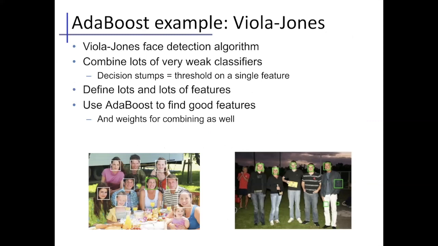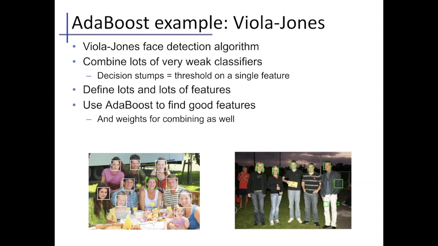This method has been used very successfully before. Before the deep learning field emerged, most of the successful methodology in the machine learning field was based on this type of ensemble methodology. I'll show you one example here. This is an example developed at Microsoft, I believe, called the Viola-Jones algorithm for face detection.